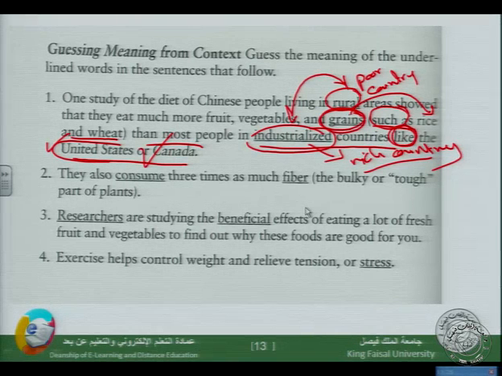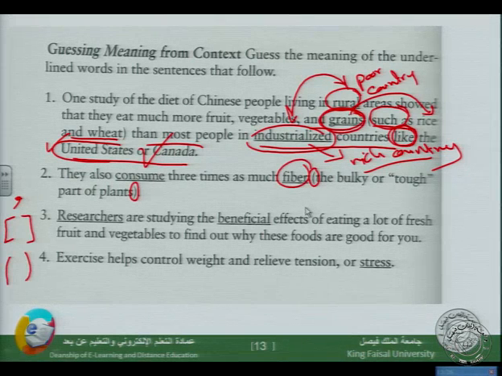For example, let us read the second sentence. They also consume 3 times as much fiber, the bulky or tough parts of a plant. شو يعني fiber? Fiber, the things between هذا punctuation. The punctuation ممكن يكون commas, ممكن يكون brackets, يعني هذه الكومة, this is a brackets, and here is parenthesis. هذه is called parenthesis.